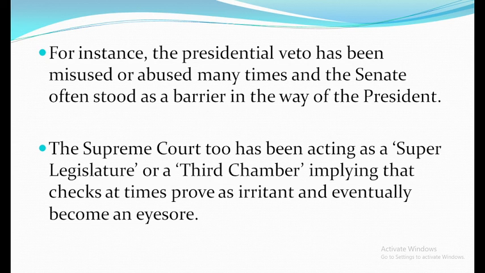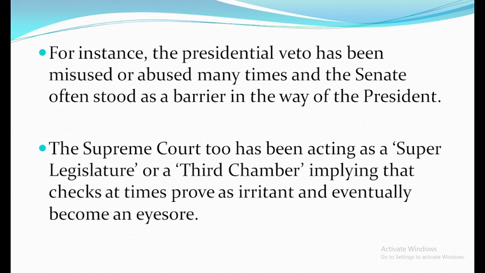And in a similar case, the Senate also often stood as a stumbling block or as a barrier in the way of the president. Since all the important decisions of the president are to be approved by the Senate, it often blocks the president from taking up certain measures. For example, after the First World War, the Treaty of Versailles was signed and the League of Nations was formed.